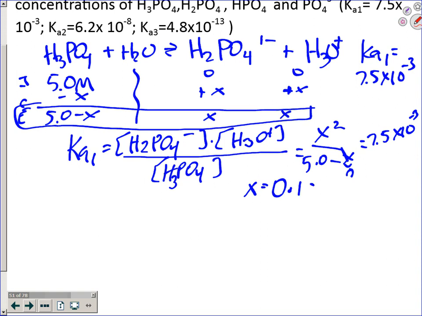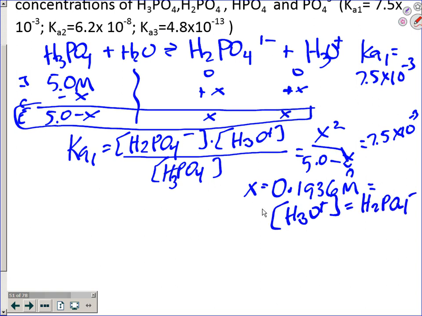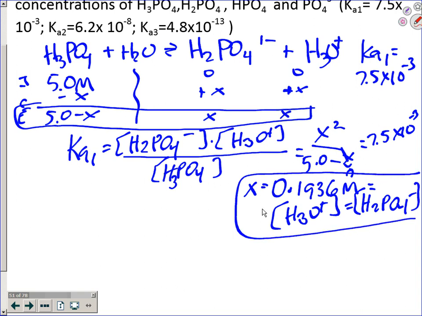You guys tell me your answer. 0.1. Okay, so this is the molarity of which ion of interest? H2PO4 1 minus. So that is actually the concentration of both, because both of those are represented by x.